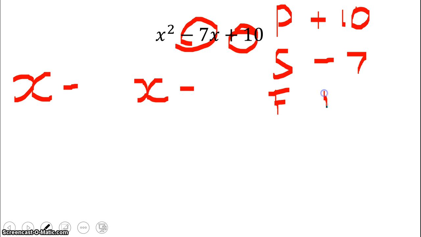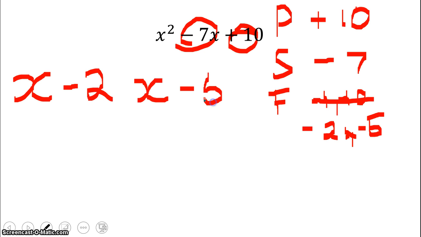Ways to make 10, we can do 1 times 10, we can do 2 times 5, but remember, we need to make them all negative. Negative 1 minus 10 gives us negative 11, so it's not that one. Negative 2, take away another 5, gives us negative 7, so we're going to have negative 2, negative 5.